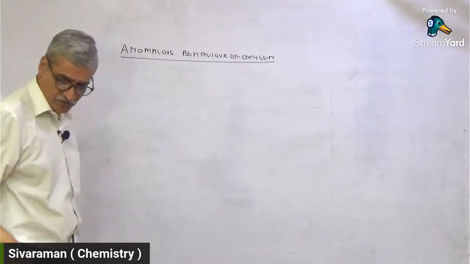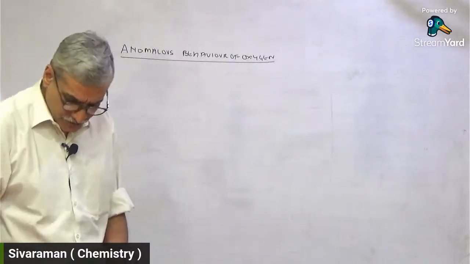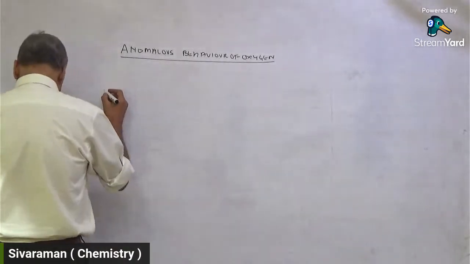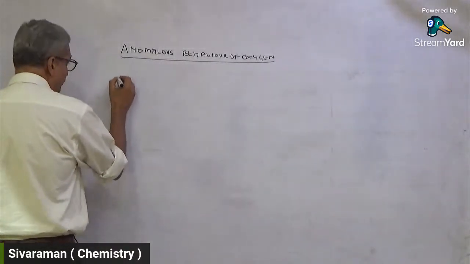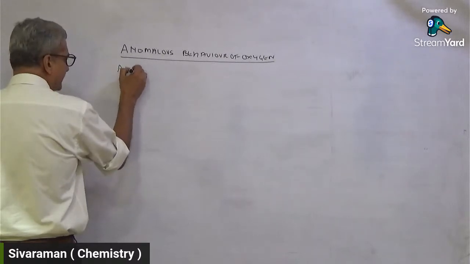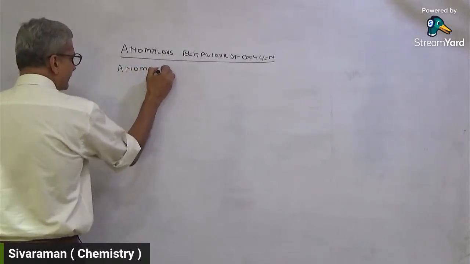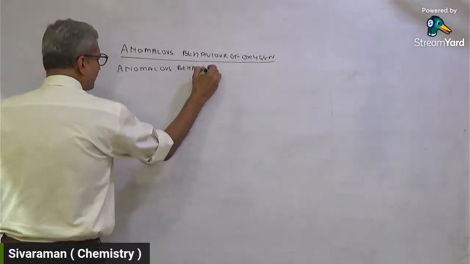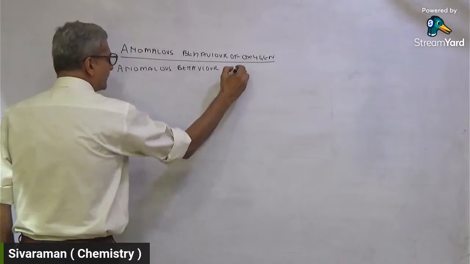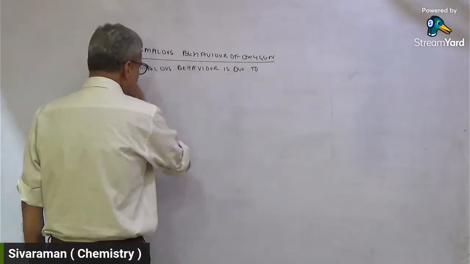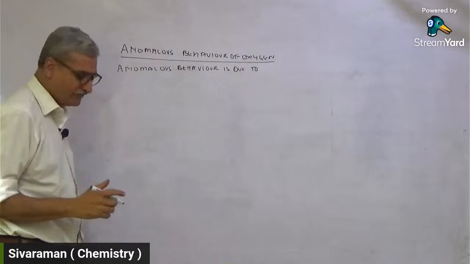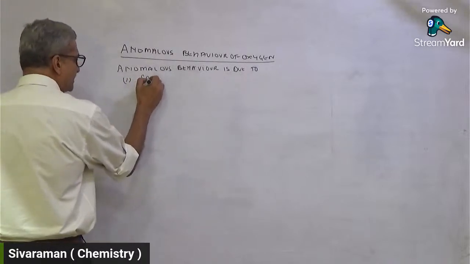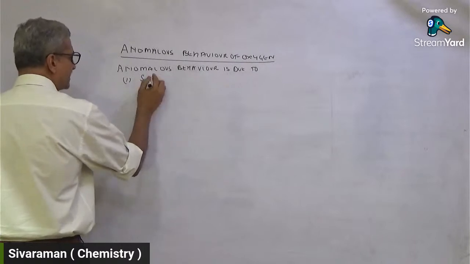So why does it show anomalous behavior? This introduction is very, very important. First and foremost, our standard point: it is due to small atomic size.